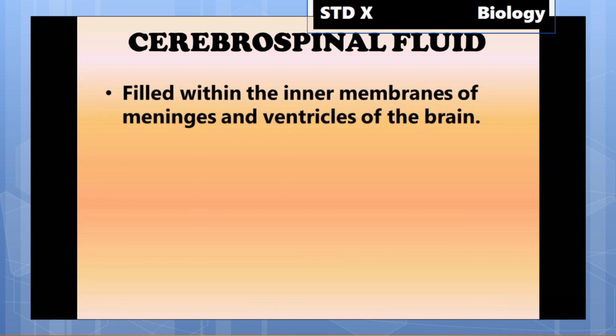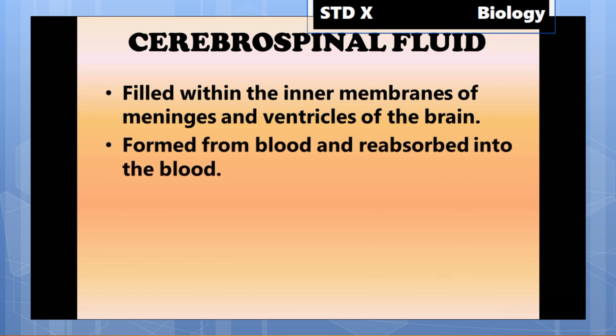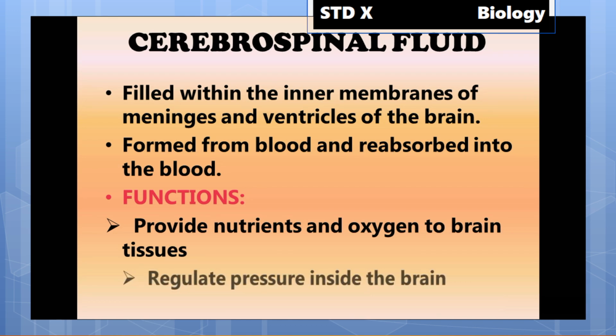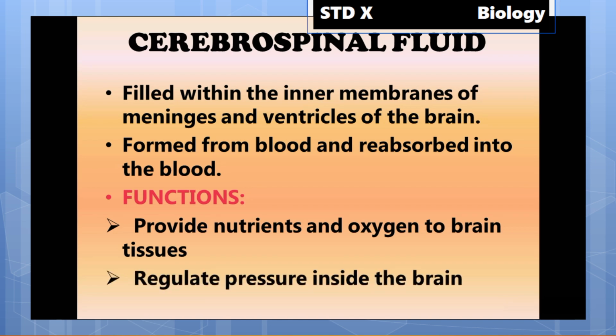It is filled within the membranes of meninges and ventricles of the brain, formed from blood and reabsorbed into blood itself. So functions include provide nutrients and oxygen to the brain tissues, regulate pressure inside the brain, and protect the brain from injuries.